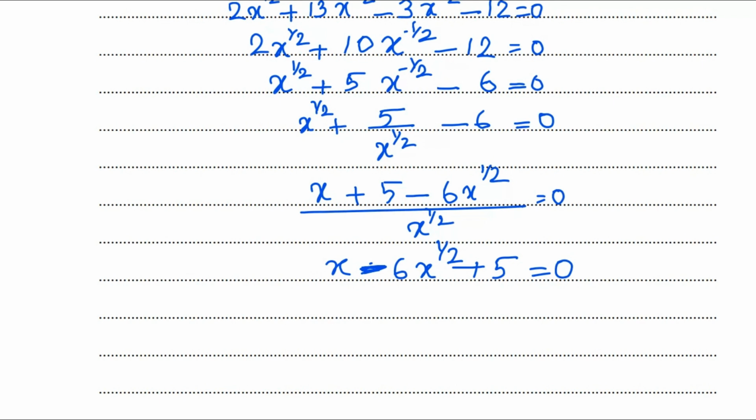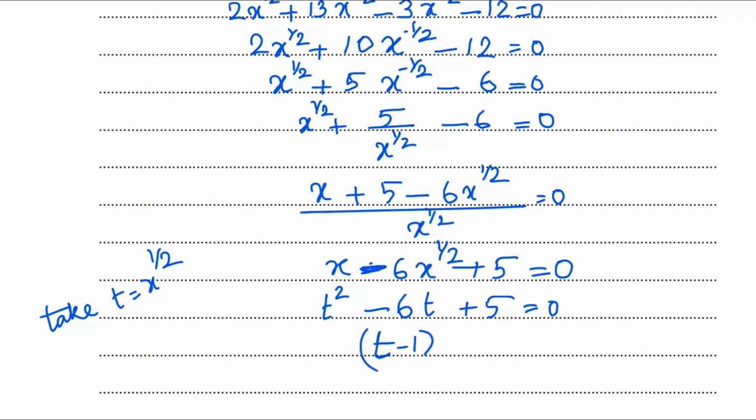To solve this equation, let's take t equal to x power 1/2. So x will become t squared. This will become t squared minus 6t plus 5 equal to 0. Let's factorize this one. (t minus 1)(t minus 5) equal to 0.